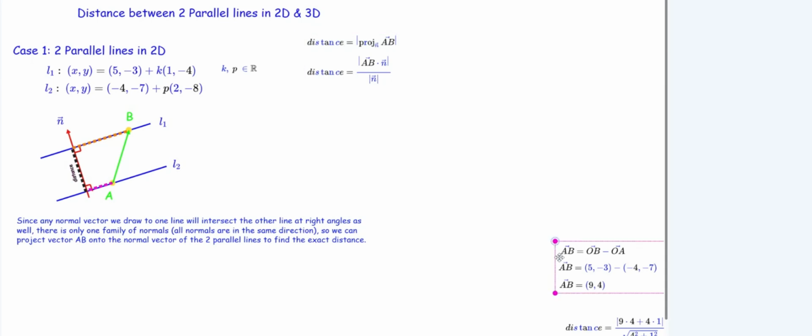The vector AB is OB minus OA, and we've done that as well before. You subtract the point B, which is on line 1, minus the position vector technically of A, which is on line 2. We would get the vector AB as (9, 4), and we need to find a normal, not the normal.